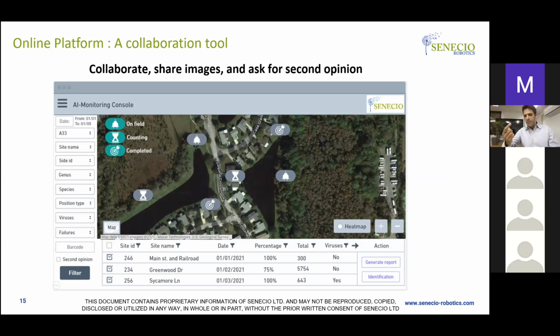Instead of a single person, single expert, single technician that works with his petri dish, now the whole team can go online and look at different images that all came from the single petri dish, and they can debate, ask for a second opinion, and take sound decisions.